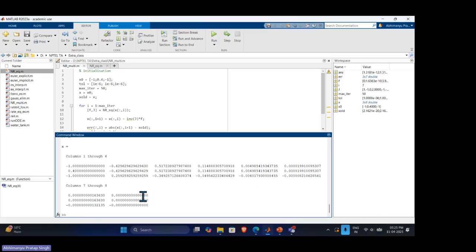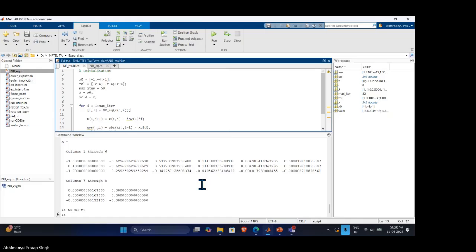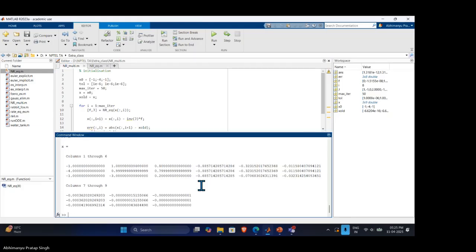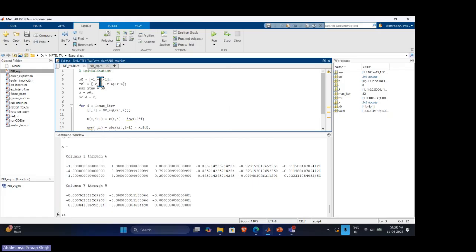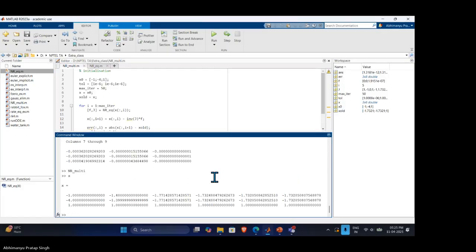Okay, so this part is still converging to 0 only, for these initial conditions. Let us change them. Still 0. I think for some other initial conditions we were getting the other solution. Yeah, so this is the other solution: minus root 3, minus root 3, and 1.